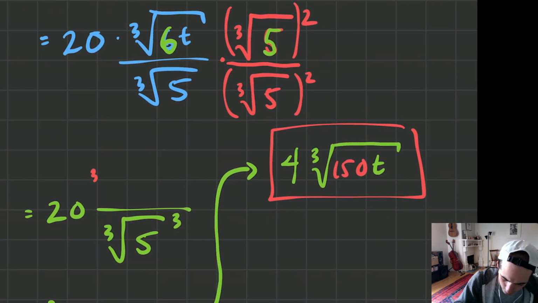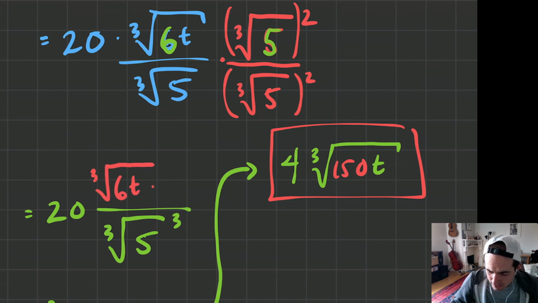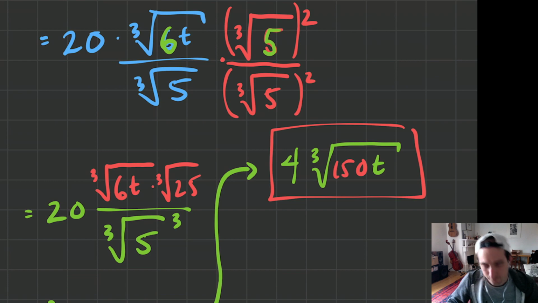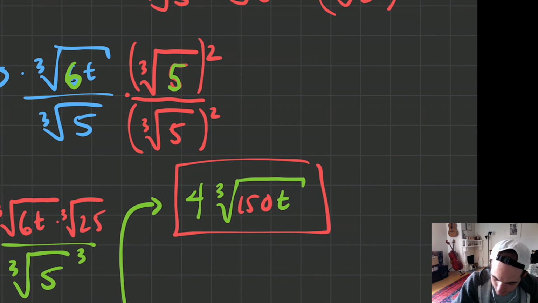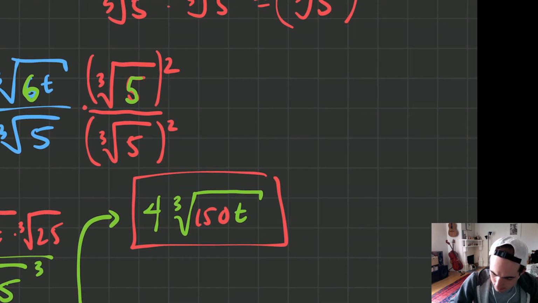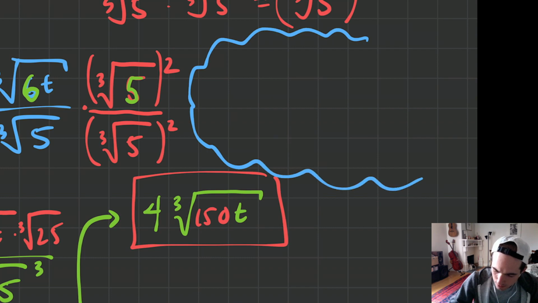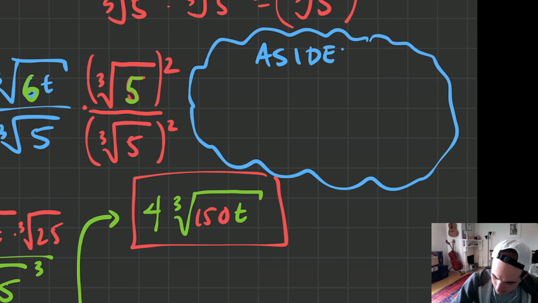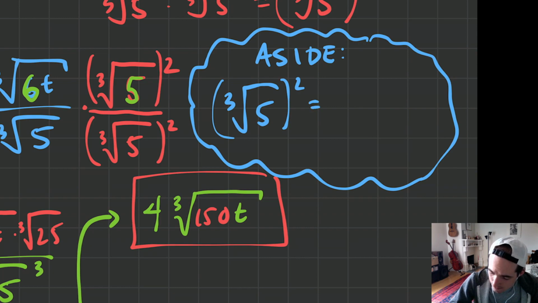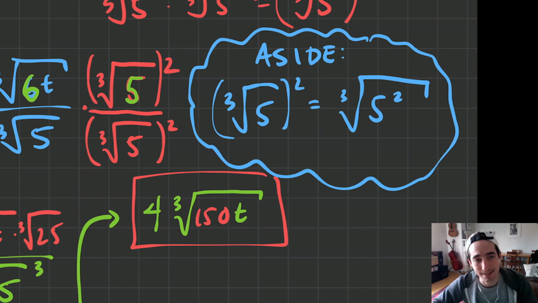Okay, so let's just think about what is going on in the numerator. So I've got the cube root of 6t times the cube root of 5 squared, that's equal to the cube root of, well, 25, right? Because it doesn't really matter where this exponent is. So just on the side here, as an aside, if I have the cube root of 5 squared, that's the same thing as the cube root of 5 squared, where the exponent is inside the bracket.